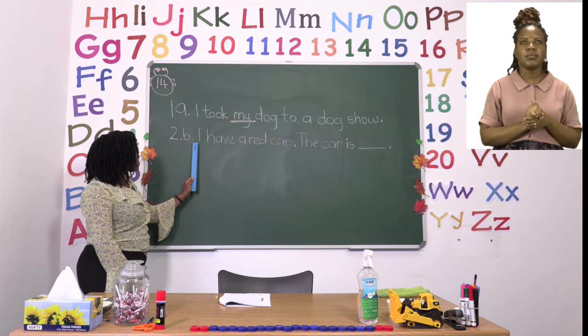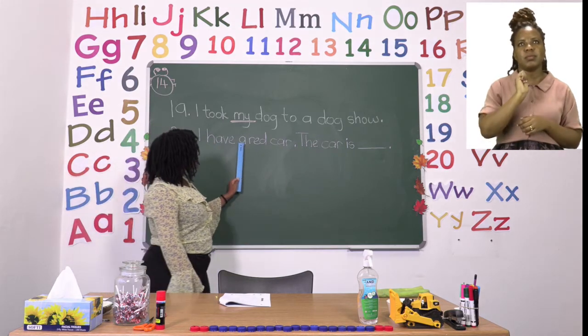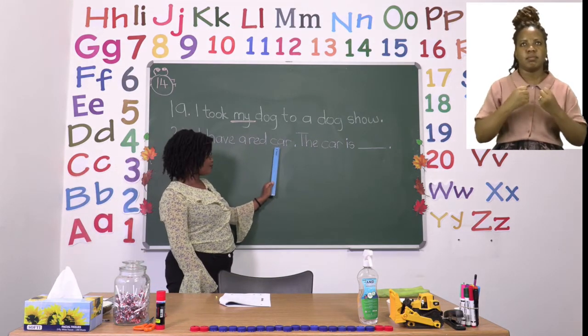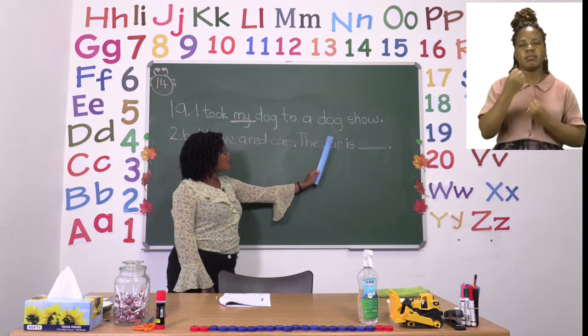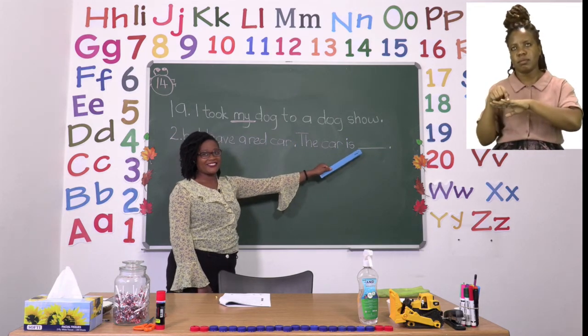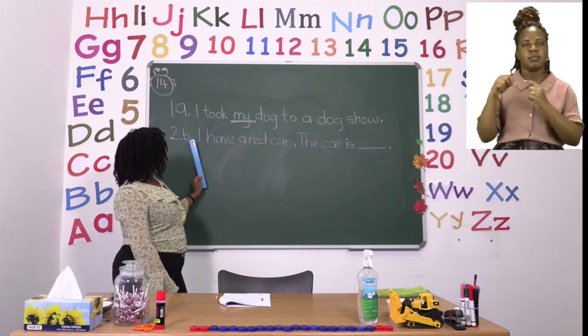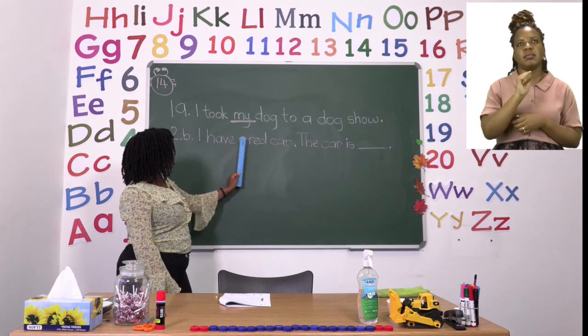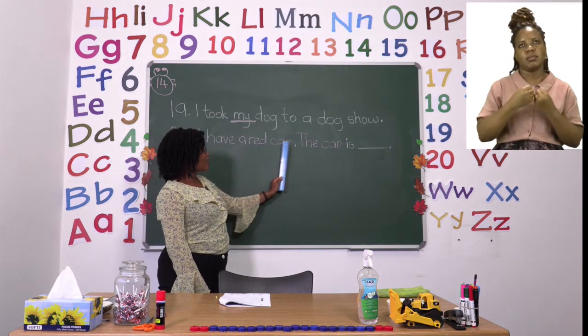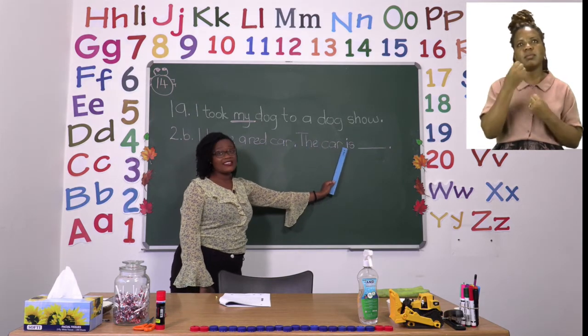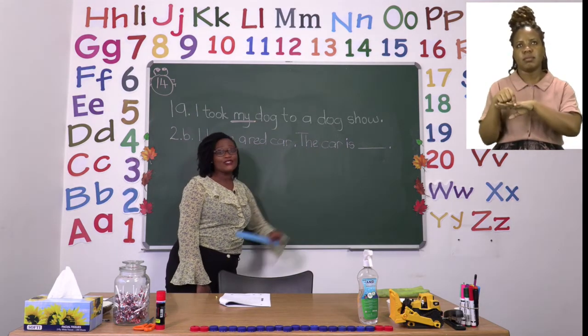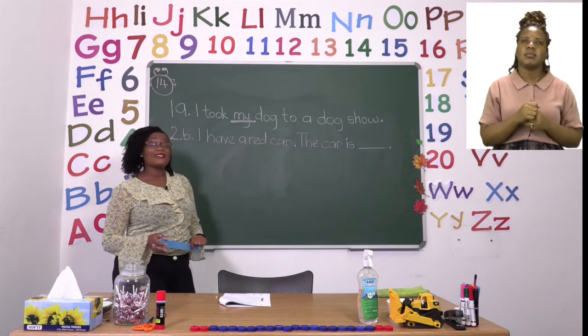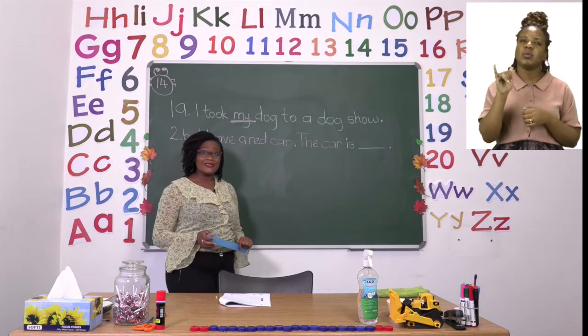Number 2 says, I have a red car. The car is dash. Let's read it again. I have a red car. The car is dash. So, which possessive pronoun are we going to use?